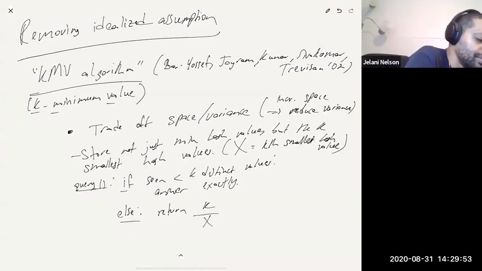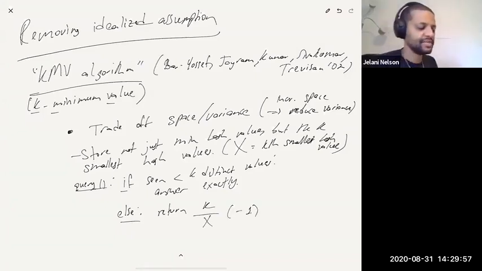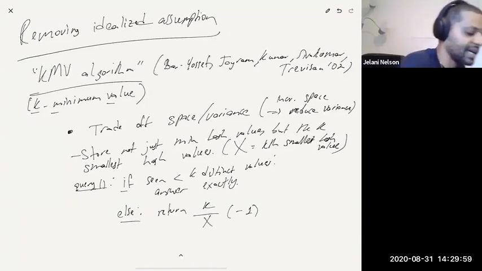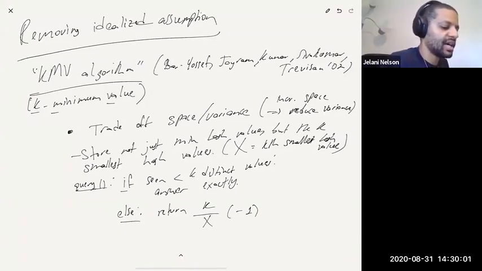I could put the -1, but it doesn't really matter, because once x gets big enough for this to matter, you can prove that having the -1 or not is not going to affect the answer by more than a 1 plus epsilon factor.